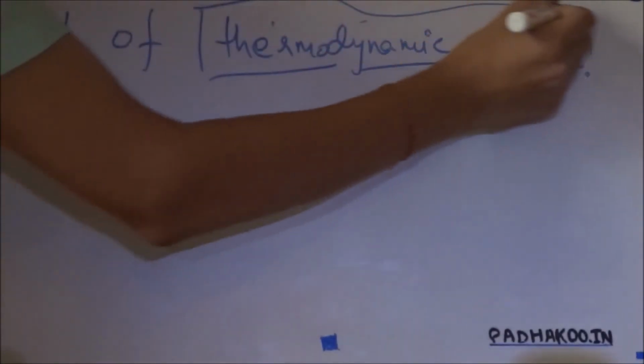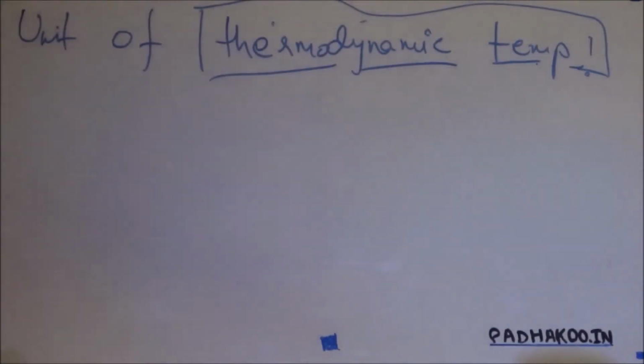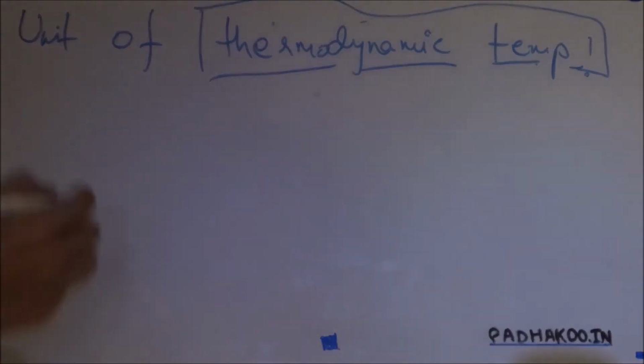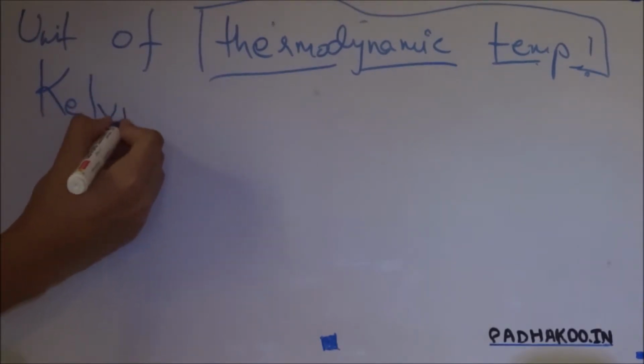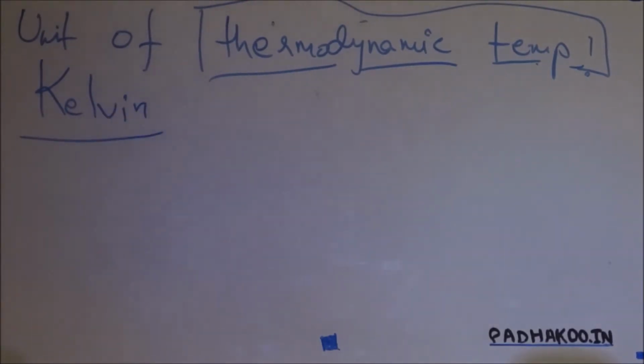It is a bit more specific. The unit of thermodynamic temperature is always defined as the Kelvin. It is Kelvin, not Celsius. There are confusions about that also. The unit of thermodynamic temperature is Kelvin.